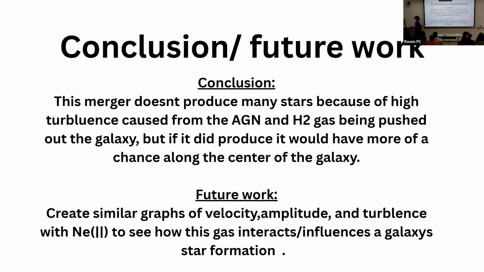For my future work, we were supposed to do a similar thing for the velocity, the amplitudes and the turbulence with Dion, to see how it would affect it, but we didn't have the opportunity to see how that would form stars. But yeah, that's my presentation.